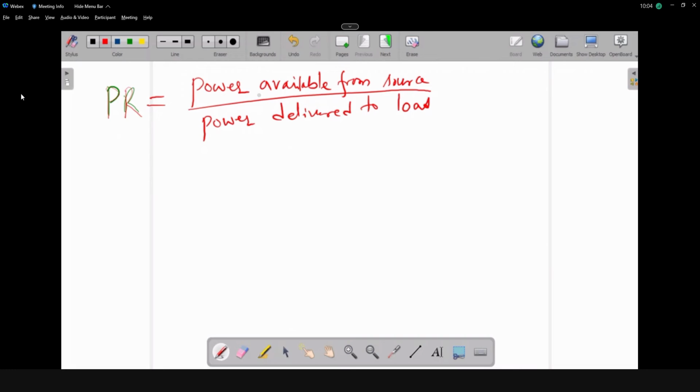This is called the power loss ratio. We generally express this in terms of the reflection coefficient. So this is nothing but P_in by P_load, the input power and the power delivered to the load. We can express this in terms of the reflection coefficient, and that reflection coefficient is a function of omega.